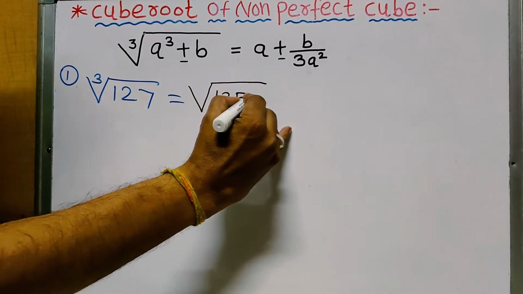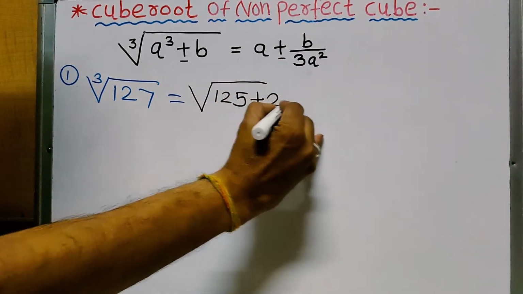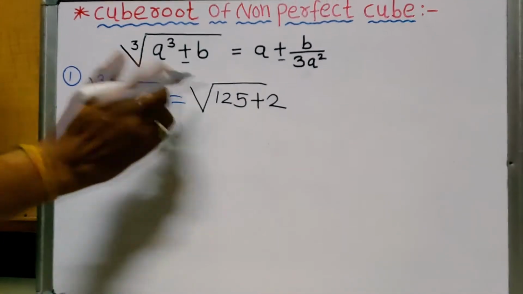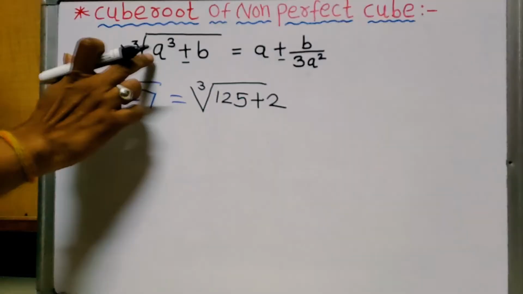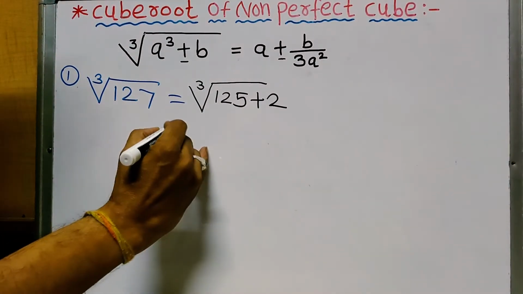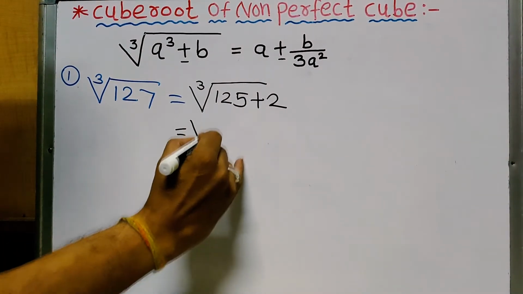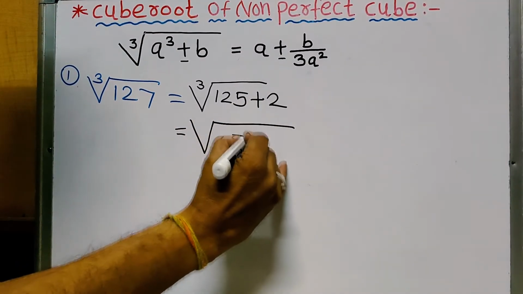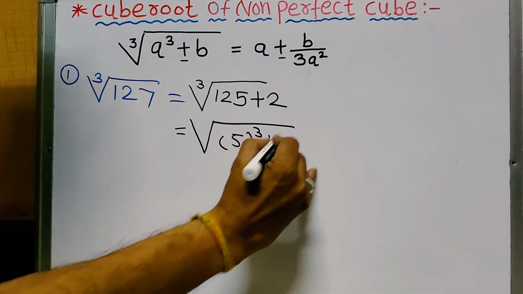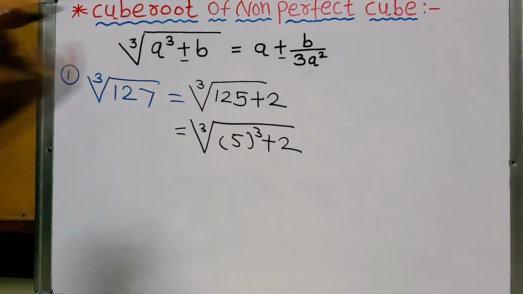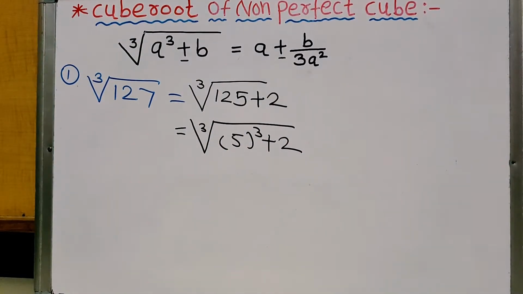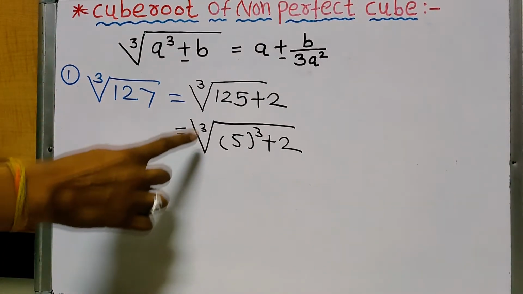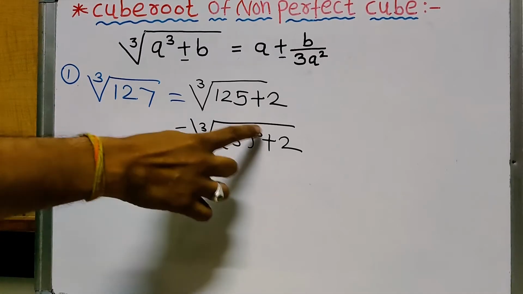125 plus 2. Here 125 is the cube of 5. So now the cube root of 127 we write in the form of cube root of 5 cube plus 2.